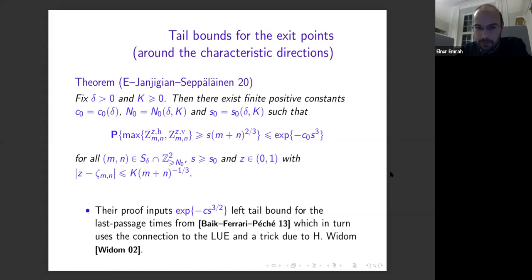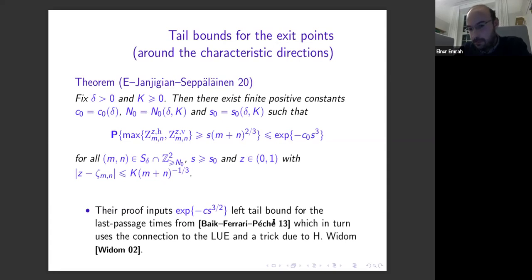Yes, so I was saying that Patrick Ferrari and co-authors also obtained a Gaussian bound in which they used this left tail bound s to the 3/2 for the last passage times.